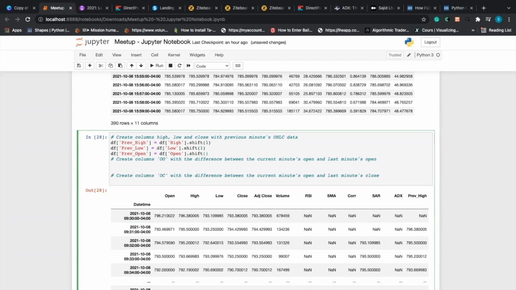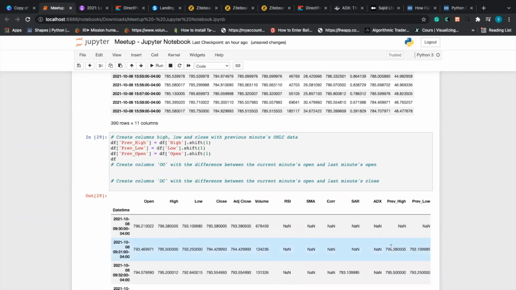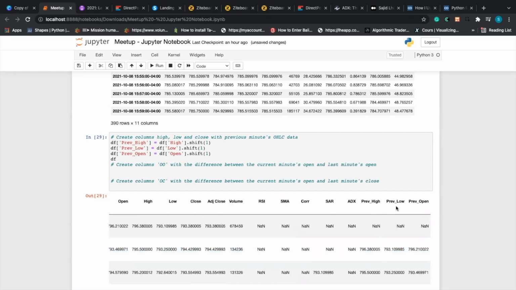That's why that's not needed. Now if we print, we get our previous low, previous high, and previous open price. And the new column that we are going to create is the difference between the current minute open and the last minute open.